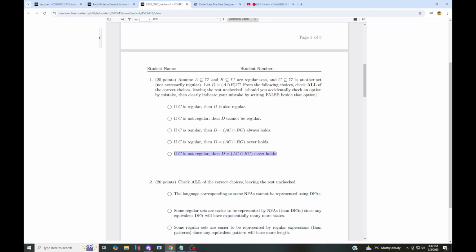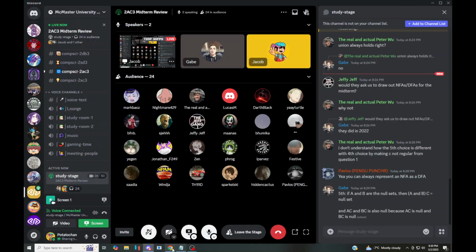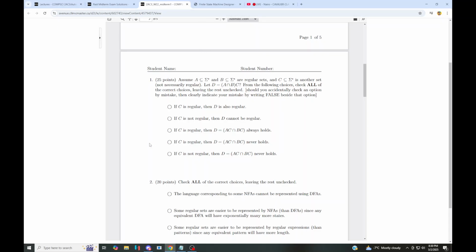But in either case, if you just set A and B to the null set, then it really doesn't matter what C is. They're just always equal. It's basically like you'd think that in a multiple choice, one would be true and one wouldn't. But in this case, neither is true. They're both false, so that shows it really doesn't matter what C is.